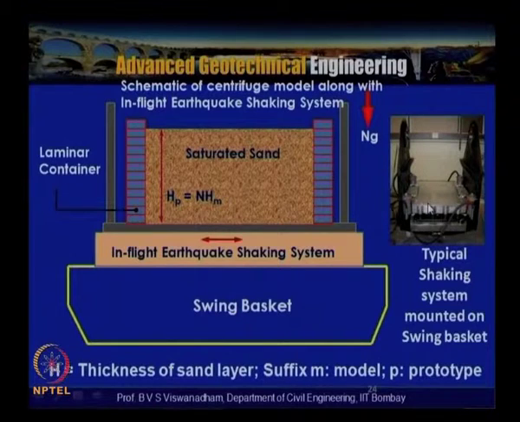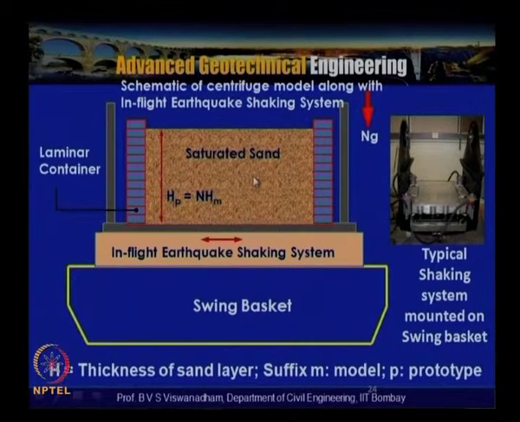So large models can be tested in large centrifuges with an appropriate in-flight earthquake shaking system. Here Hp is the thickness of the sand layer, which is n times Hm. If n is say 50 g, then it represents about 50 times the Hm of the model under consideration.